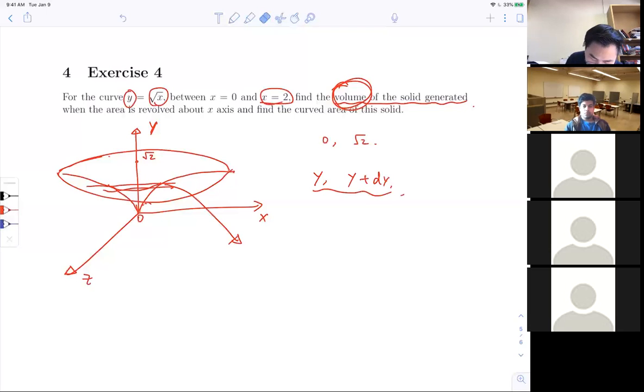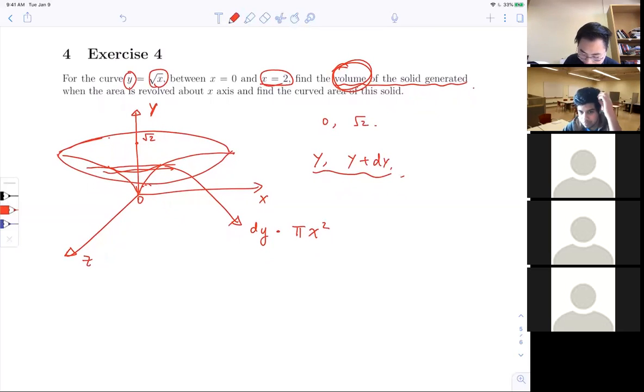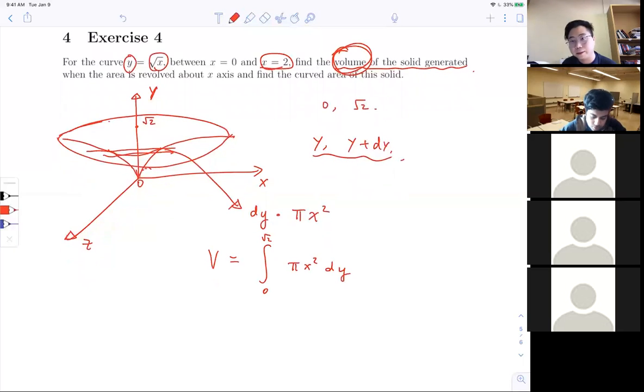For that slice, let's look at the volume. The height is dy, right? Times the area, which in this case is pi x squared, right? So the volume is given by the integral for y from 0 to square root of 2 of pi x squared.